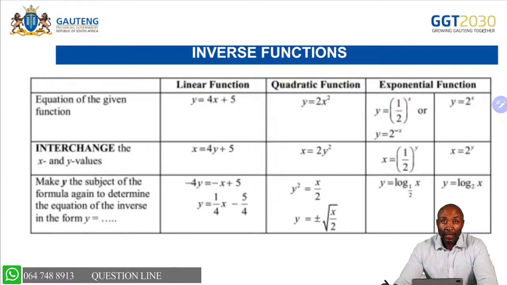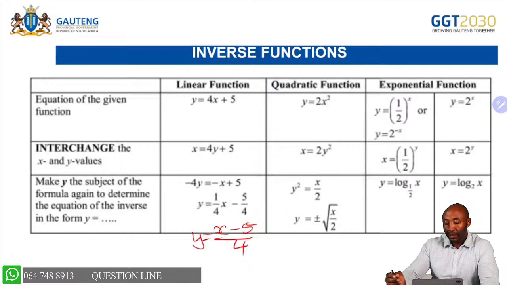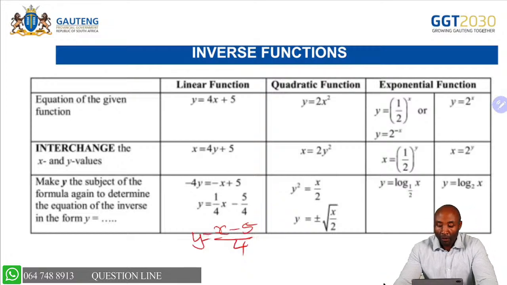We interchange x and y, and we get x is equal to 4y plus 5, and then we make y the subject, and we will get y is equal to x minus 5 all over 4 as our equation of the inverse. We also looked at the quadratic, but we did not look at the exponential function.